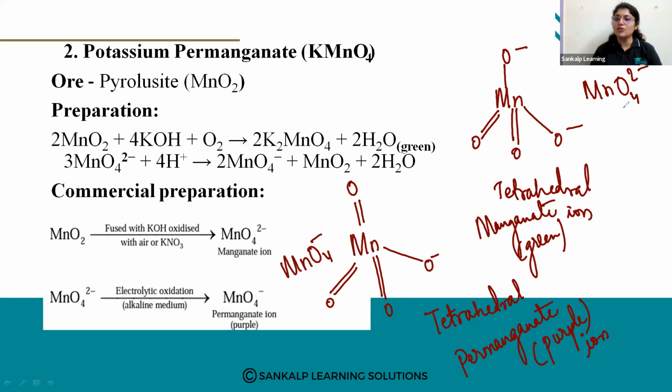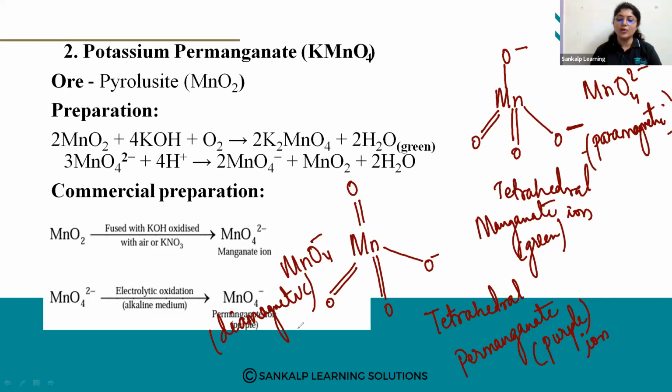The MnO4 2- is paramagnetic with one unpaired electron, but MnO4- is diamagnetic.